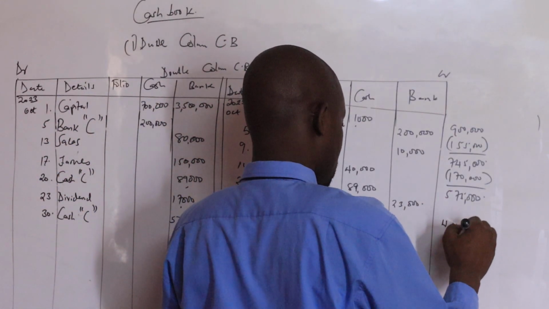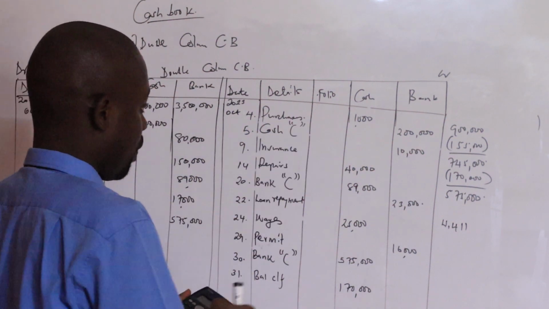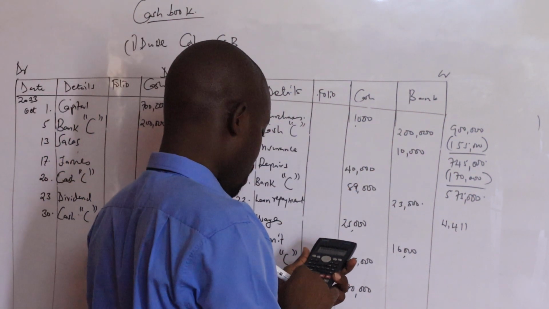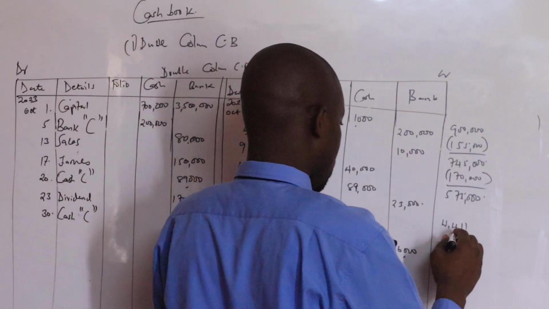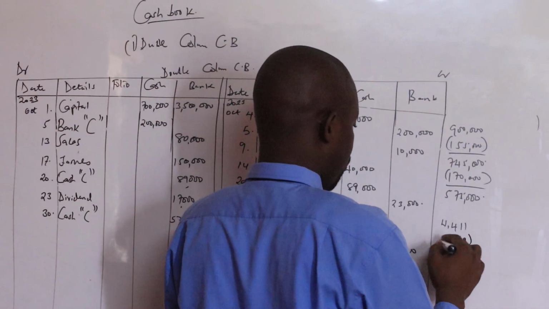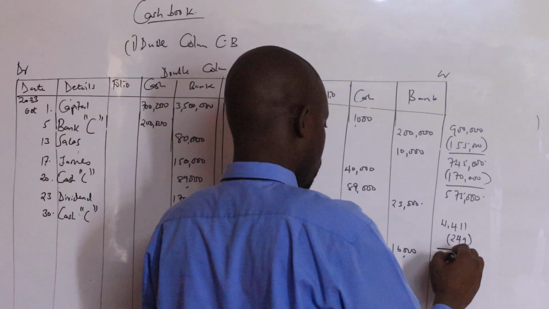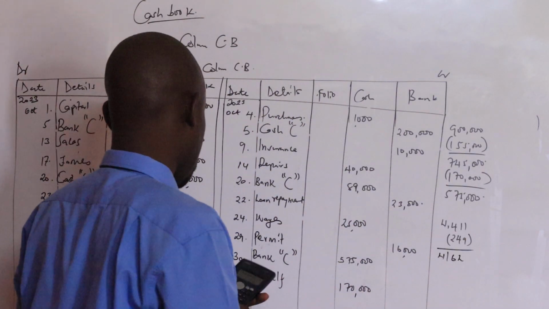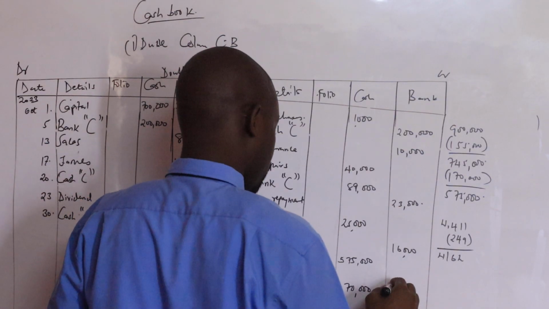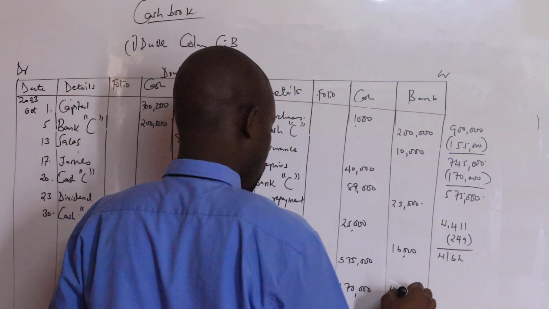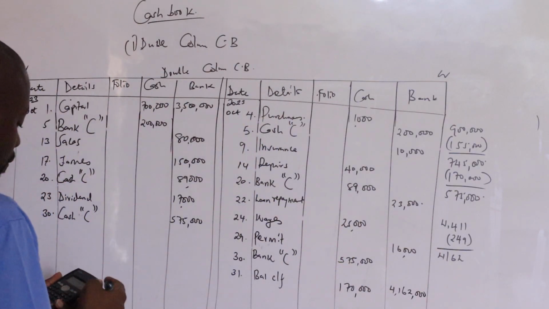The total debits are 4411 for the month. The credits or the outflows, we have 210, that is 233, plus 16, this 249. So the difference, 4411 minus that, is 4162. That's what you're calling the balance carried forward from bank, 4162,000.